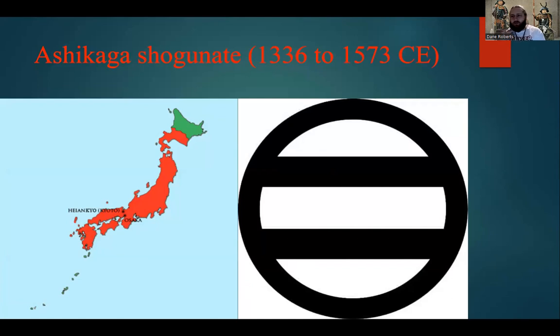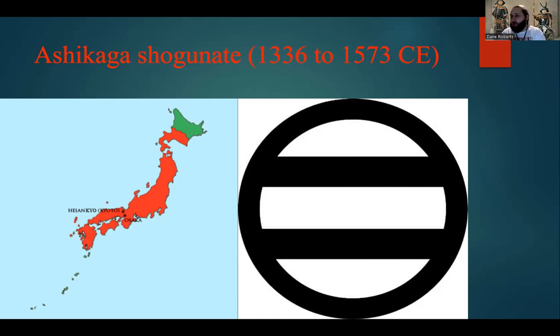So, to give a little definition here, the shoguns would be sort of equivalent to, say, the five-star general or the general of the army or something like that, the supreme commander of all of the Japanese military. Whereas the Emperor of Japan was supposed to be the true ruler of Japan. Of course, that's not how it often worked.